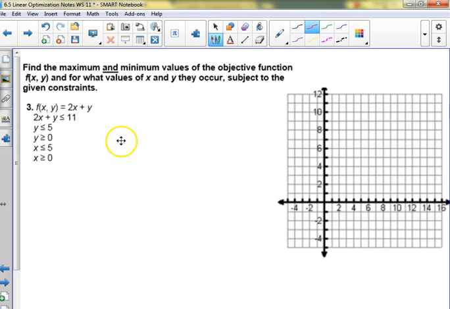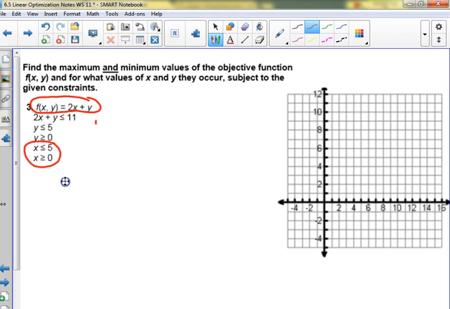What's the objective function here? Yeah, this guy. We're not graphing this guy, right? Oh, but notice that it coincides maybe with this. I don't know. 2x plus y equals 11. We'll see what happens. Maybe we should graph all these other guys first. The x's have to be, x's are which way?